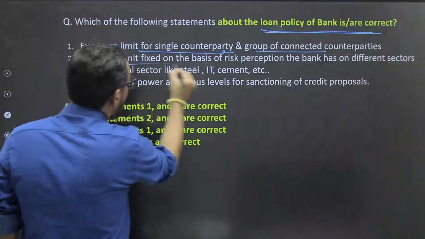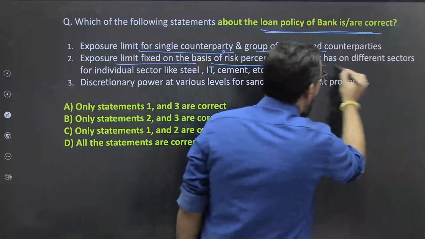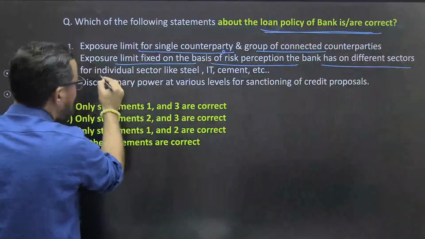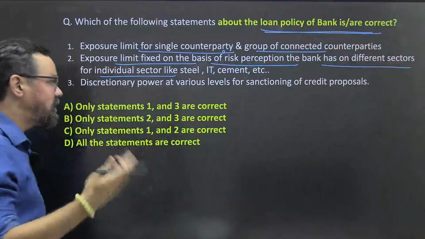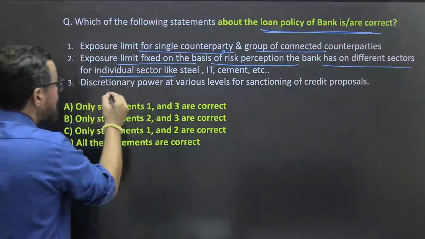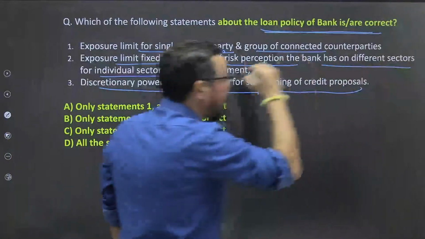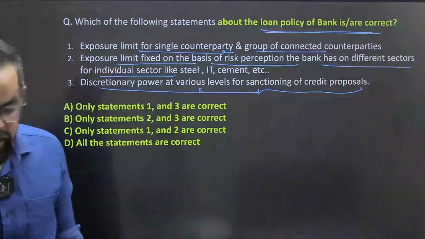Second, exposure limit fixed on the basis of the risk perception of the bank on different sectors, like steel, IT, banking, cement and others. Third, discretionary power at various levels for sanctioning credit proposals. So what will be your right answer for this one?